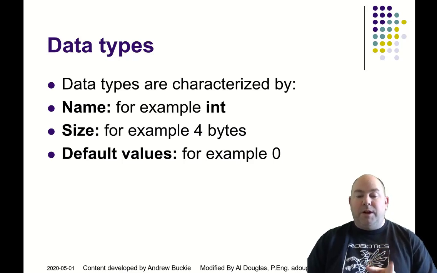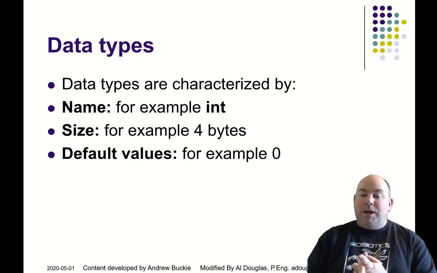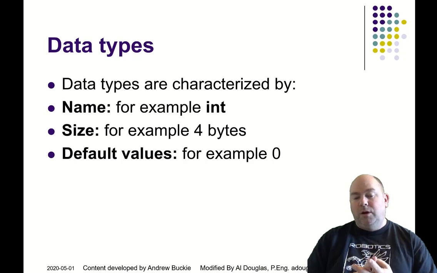They're categorized by the name, the size, and the default value we're going to give them. There's a lot of different data types. There's 4 we're going to use a lot. That would be integers, or INT stands for integer. An integer is basically a whole number. A Boolean, which is a 1 or a 0, a true or a false.